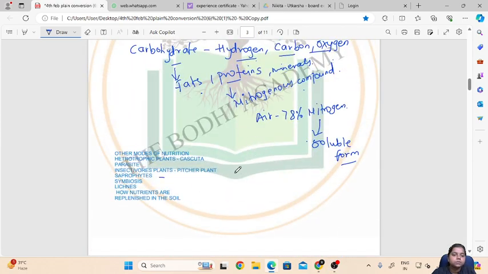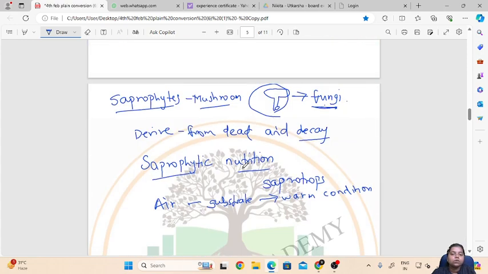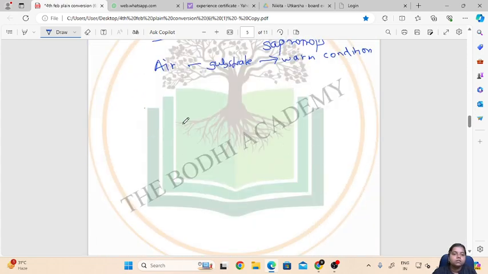Then the second mode, after saprotrophs, is symbiosis. So what is symbiosis? Symbiosis is the condition in which both organisms are beneficial for each other.